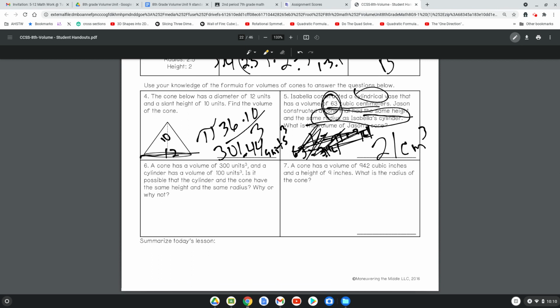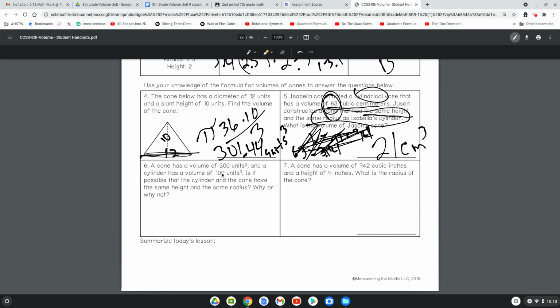Okay, a cone has a volume of 300 units cubed, and the cylinder has a volume of 100. Is it possible that they have the same height and the same radius, and why or why not? So pause it and think about it for a little bit. So it is saying that the cone is bigger than the cylinder.